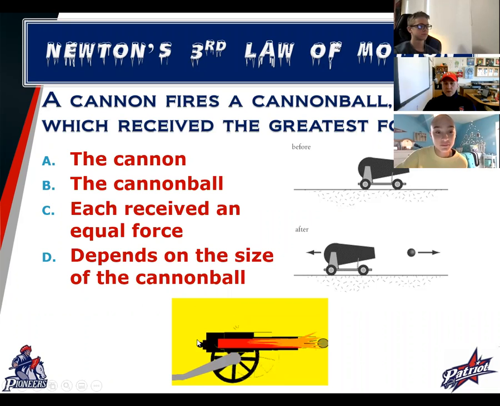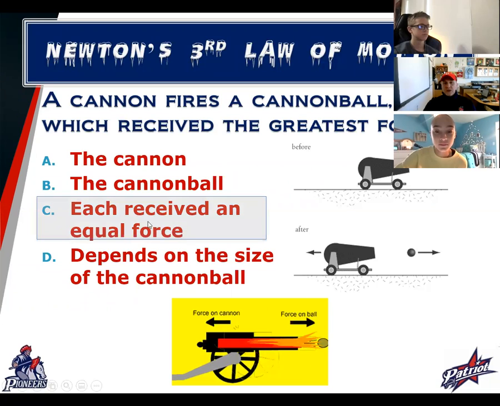But the cannon goes backwards, it recoils, right? That recoil happens because the cannonball pushes on the cannon, just like the cannon pushes on the cannonball, obviously because of the explosion that causes it all. But the cannonball has a smaller mass, so it's going to have a greater acceleration. The cannon has a very big mass, so it has a much smaller acceleration backwards.